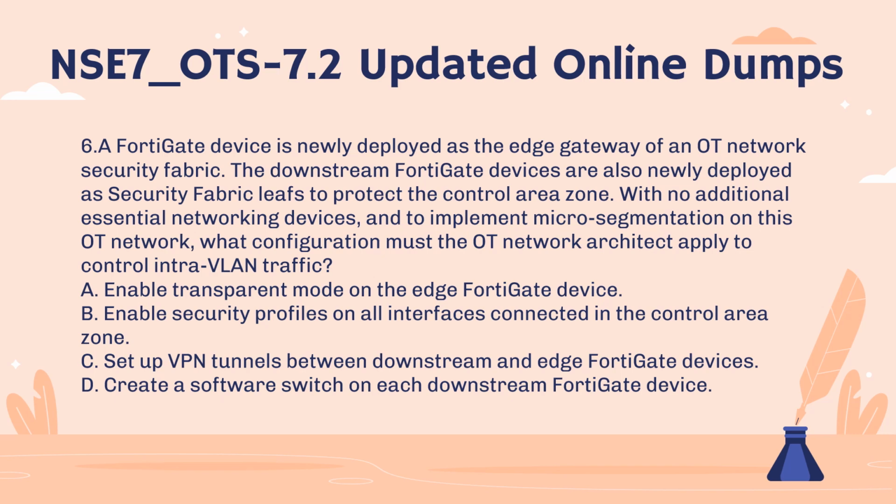A. Enable transparent mode on the edge FortiGate device. B. Enable security profiles on all interfaces connected in the control area zone. C. Set up VPN tunnels between downstream and edge FortiGate devices. D. Create a software switch on each downstream FortiGate device.